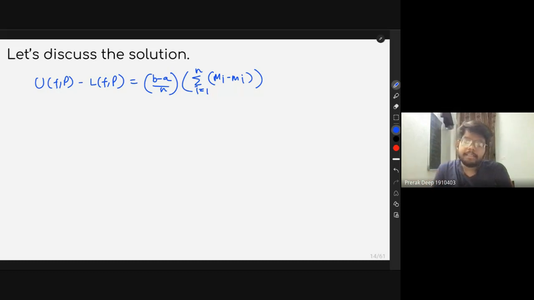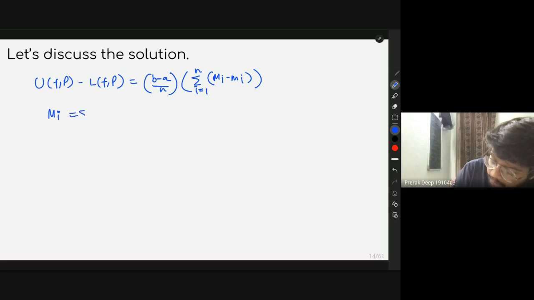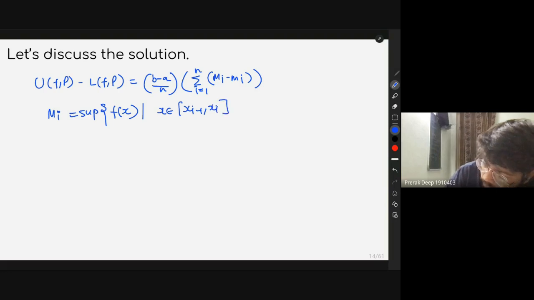So these mi's are not achieved by the function f. So what I need to do is just use the fact that Mi is the supremum of f(x) for x sitting inside this interval.